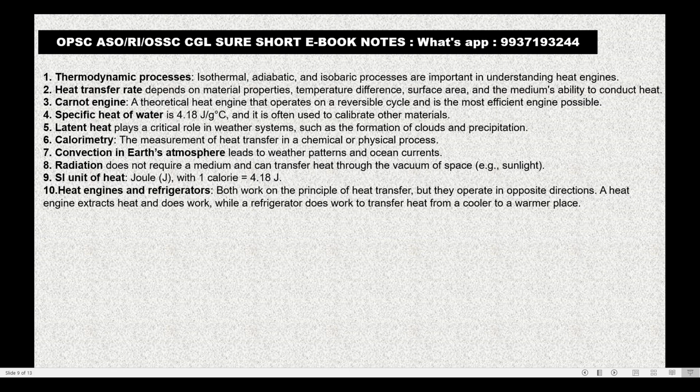Carnot engine: a theoretical heat engine that operates on a reversible cycle, and it is the most efficient engine possible. Specific heat of water is 4.18 joule per gram degree Celsius and is often used to calibrate other materials. Latent heat plays a critical role in weather systems such as formation of cloud and precipitation.